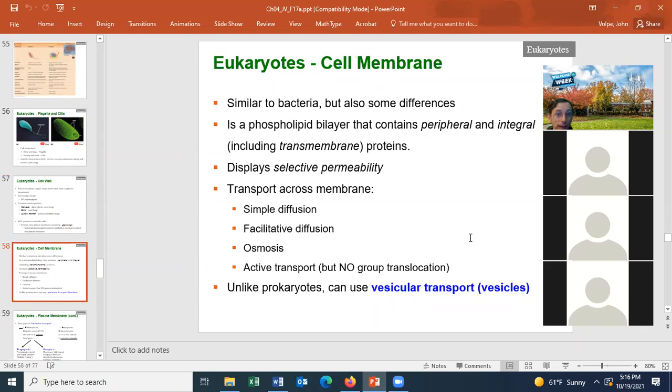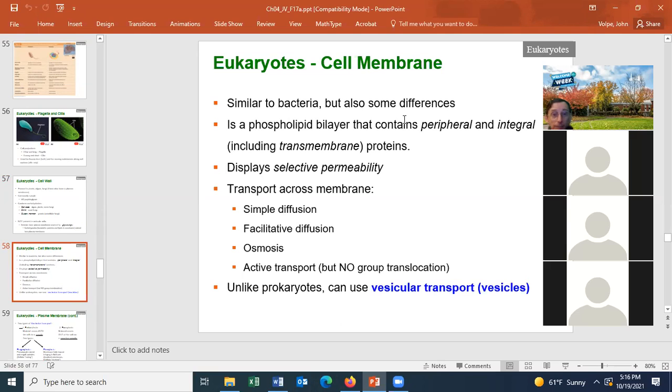Eukaryotes do have a cell membrane, and it's odd or striking that the eukaryote cell membrane is very similar to the cell membrane of bacteria. There are some differences, but it is thought that the eukaryotes, when they were evolving, simply used whatever worked well, and they think they borrowed the cell membrane of bacteria, and that's why eukaryotes have a similar cell membrane to bacteria.